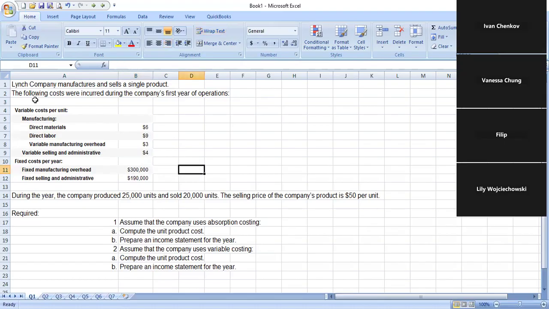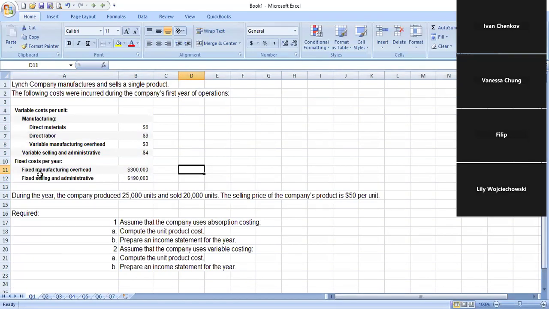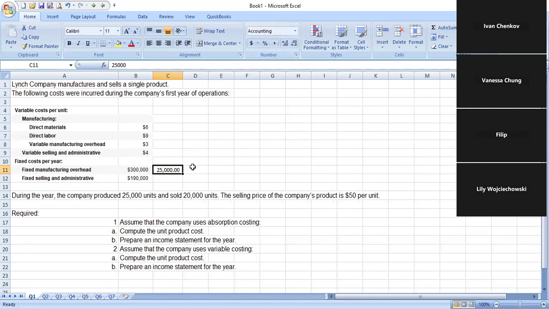The only thing we have to do at this point is to get the fixed manufacturing overhead per unit, since we have it in total. My production is 25,000 units, so I take the 300,000 divided by 25,000, and the fixed manufacturing overhead is $12 per unit.